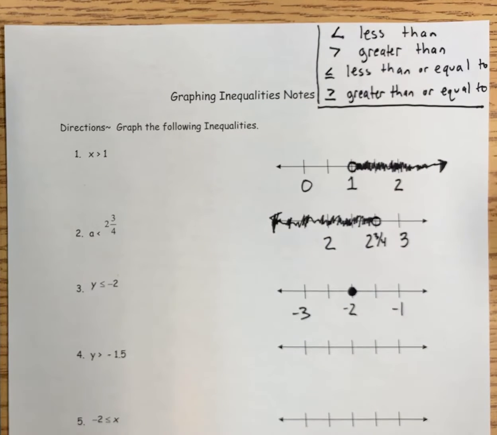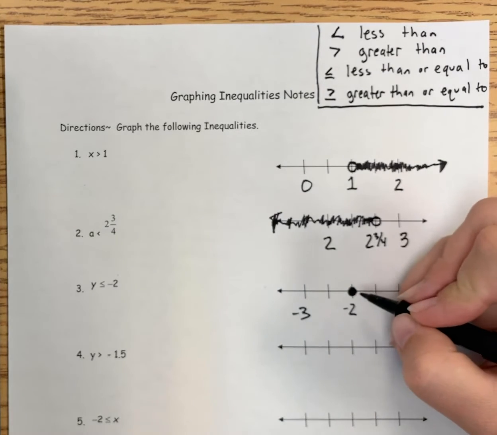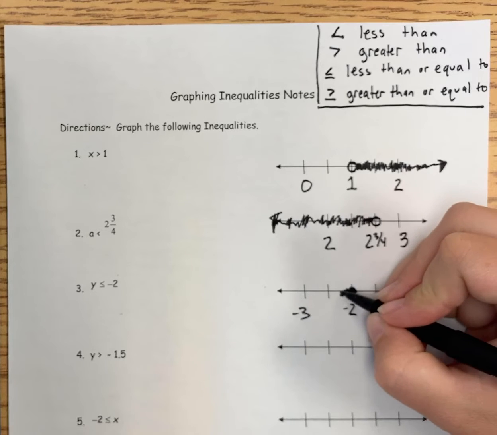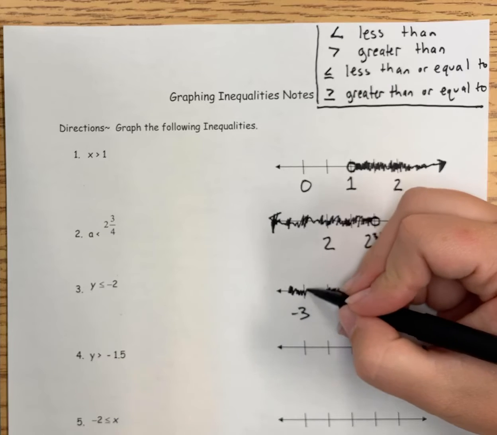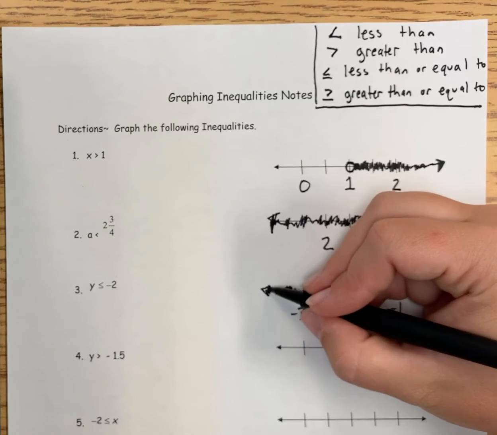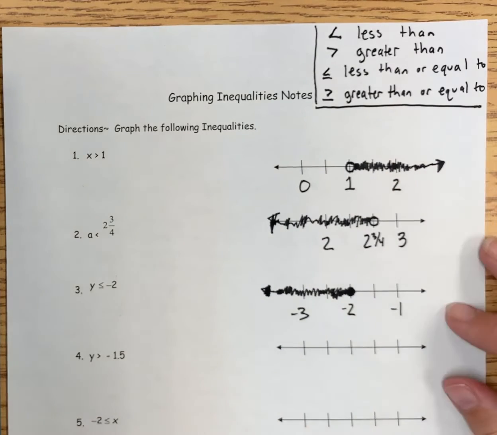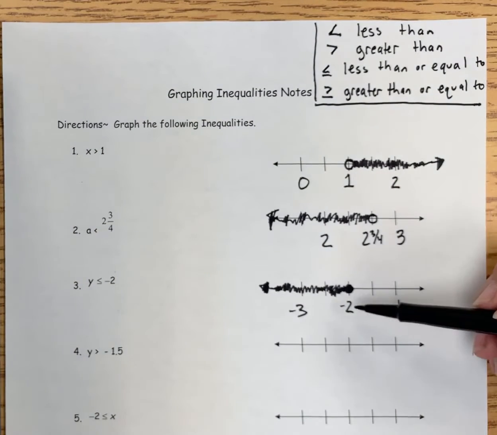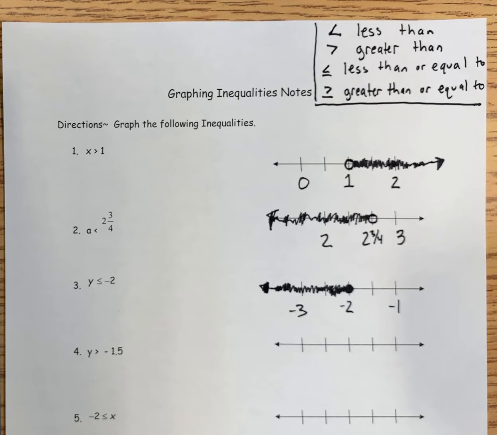It could be -2 or it could be anything less than -2. So this time, once again, we're shading to the right here, or the left, sorry. Okay, so anything smaller than -2.